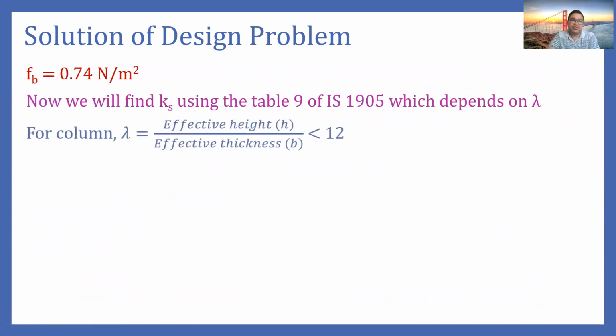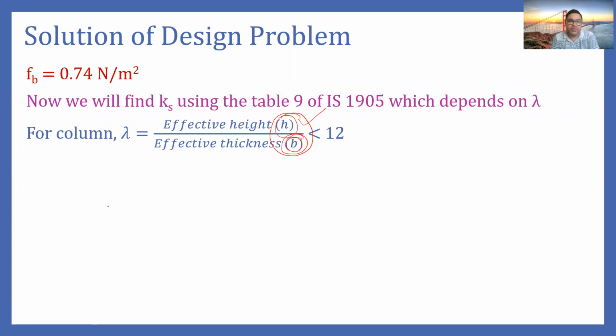You can see lambda is calculated by using this relation, h by b. h is the effective height, b is the effective thickness or least lateral dimension of the pillar or column. Here we don't know the value of b at this time, but we can find out the value of effective height.